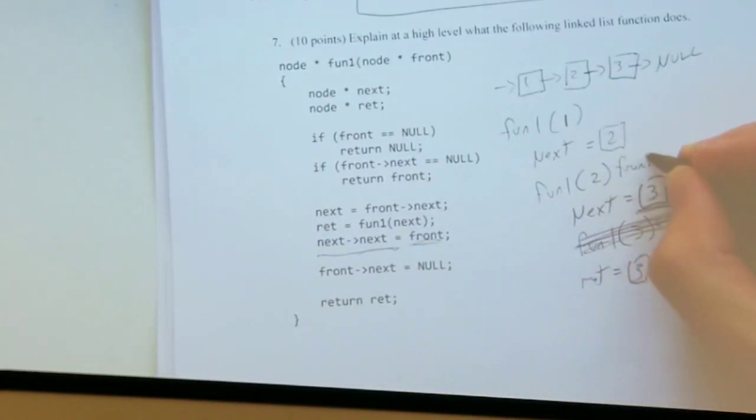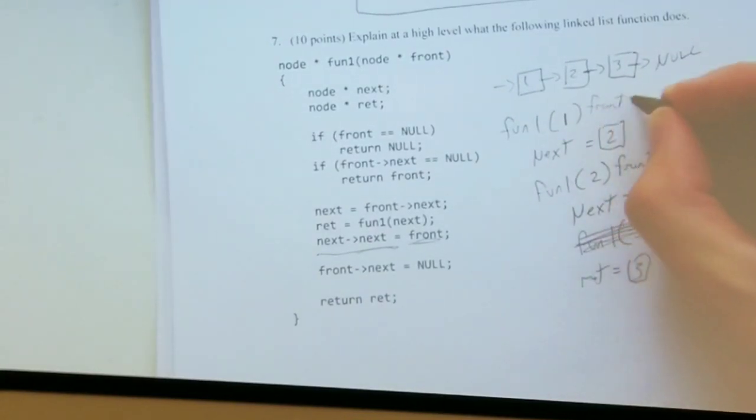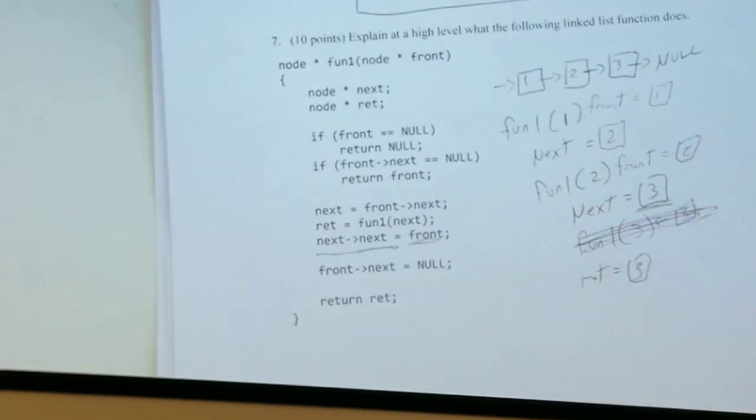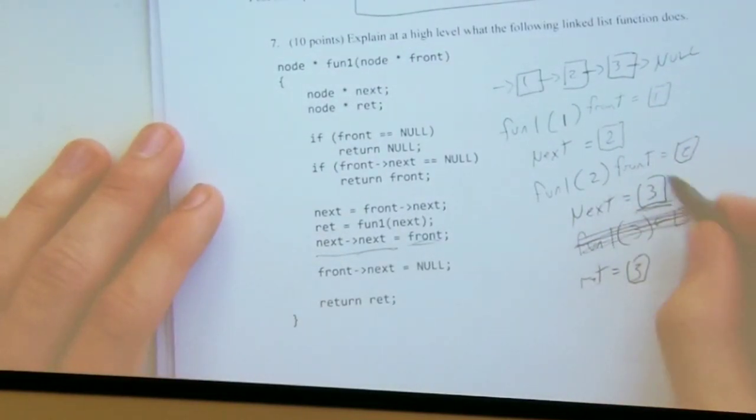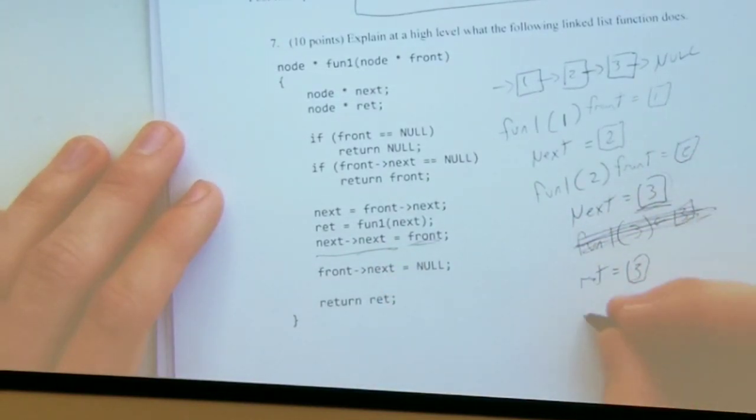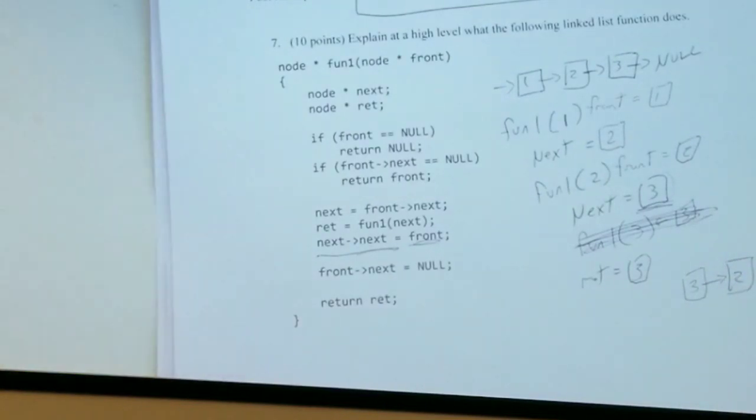You can think that front is equal to the box that contains 2 at this point, and in here, front is equal to the box that contains 1. So what we're doing is we're saying the next value of 3 is now equal to 2. So 3 points to the value 2 now. Which is still a little weird, I think, right?